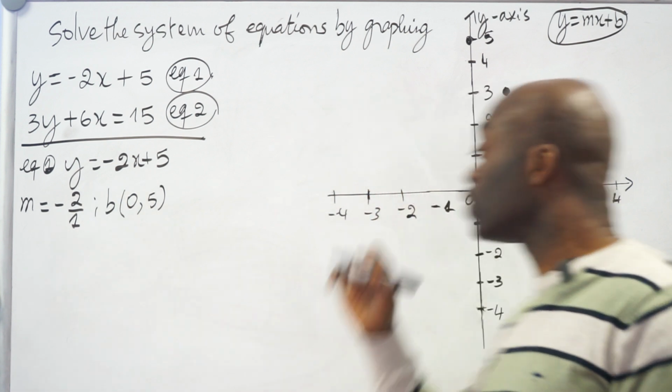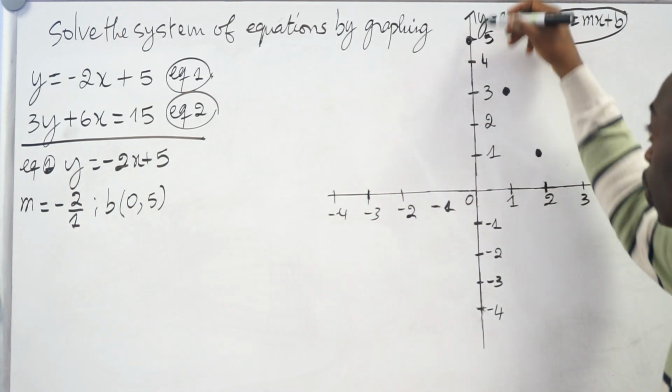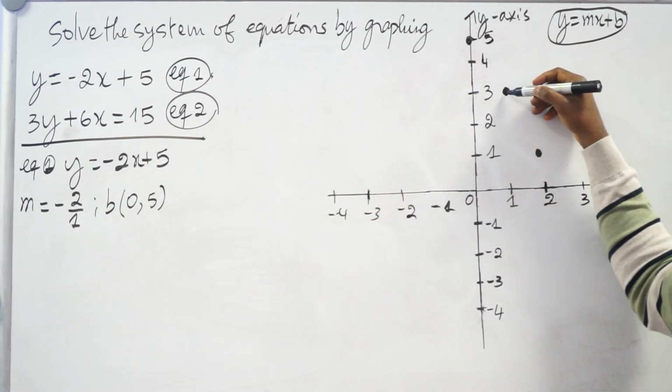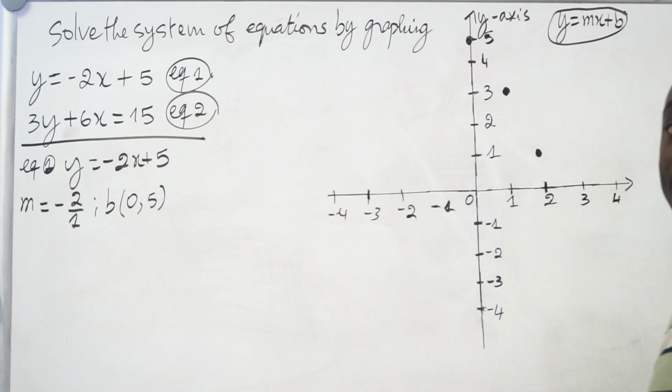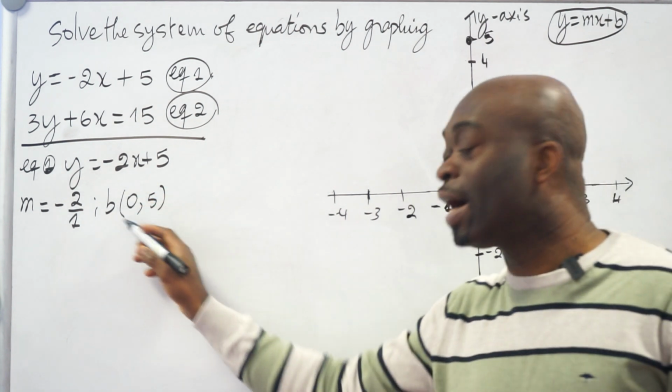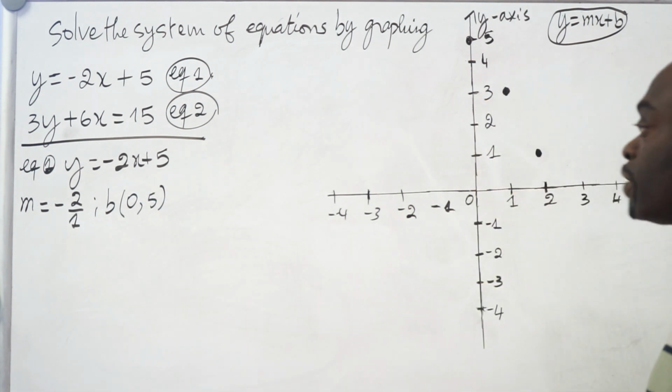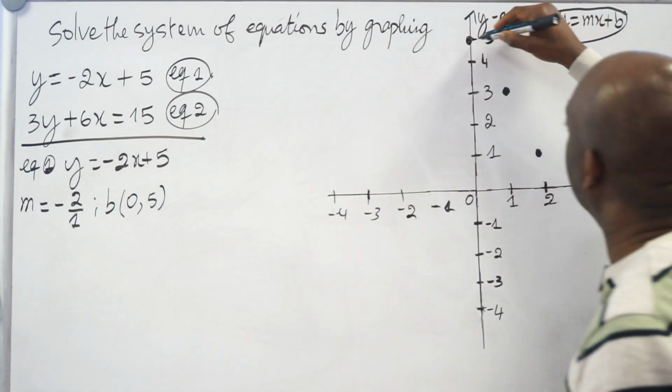That's why we went 2 down on the y-axis and then 1 over on the x-axis. This first point is the y-intercept, that's the name for it. So then we can draw the line now.